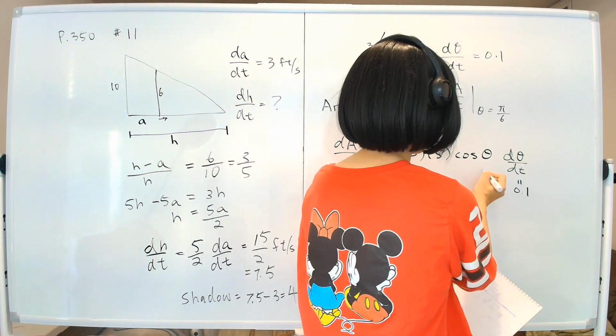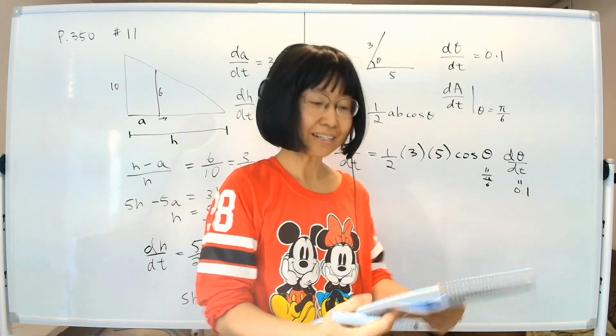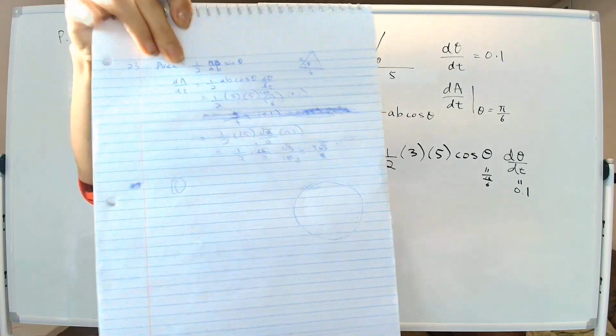And then theta equals pi over 6. So with that, you can calculate the numbers and straightforwardly get to the answer.